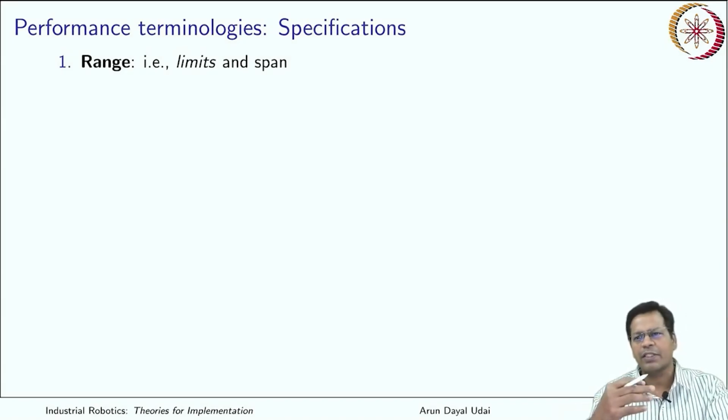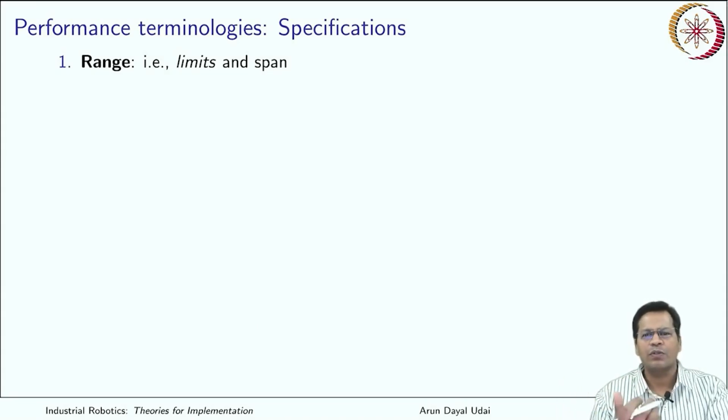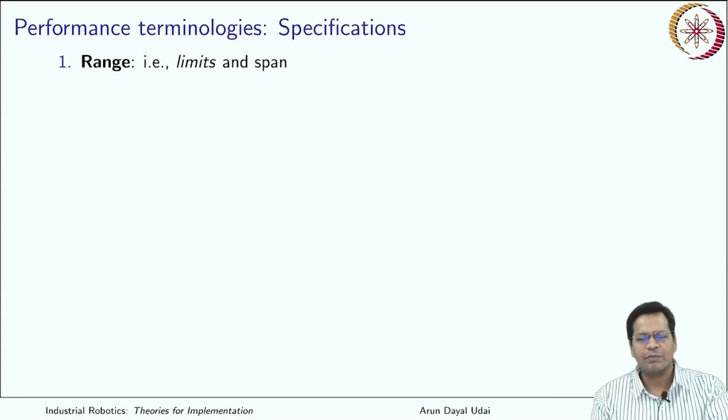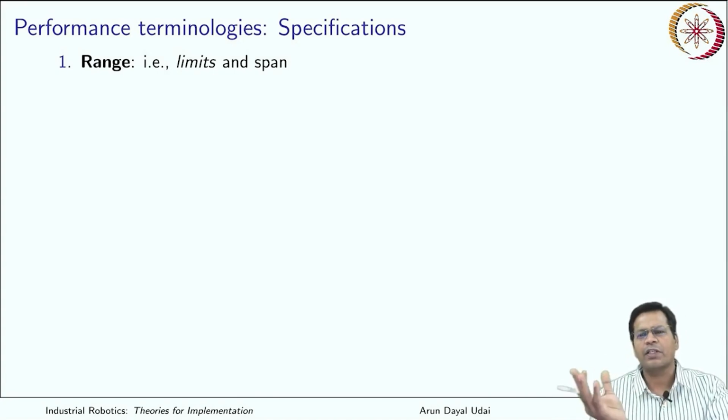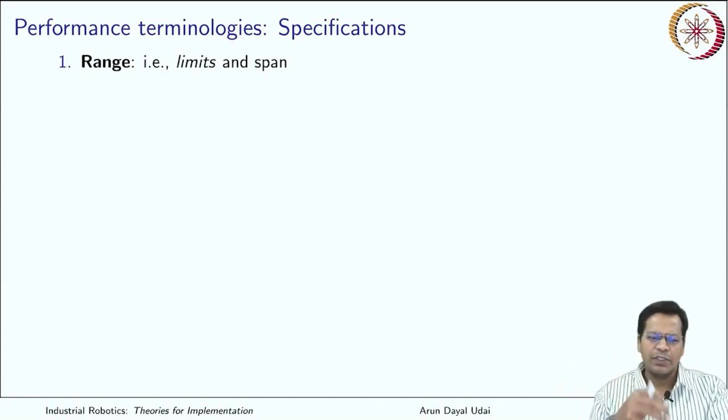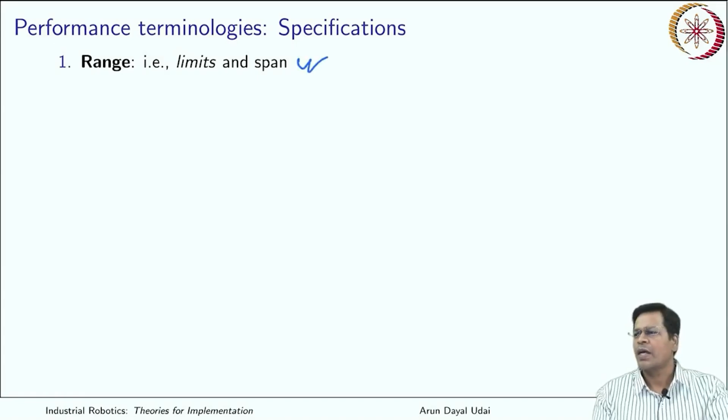Sometimes they have a different specific unit depending on the tradition being followed, and sometimes they are in the SI system. So the unit is definitely one of them, and that also specifies the type of reading which is graduated on the dial, or if it is an electronic sensor, the output may be linearized based on the unit also. Okay, so that is the range, which can tell you.